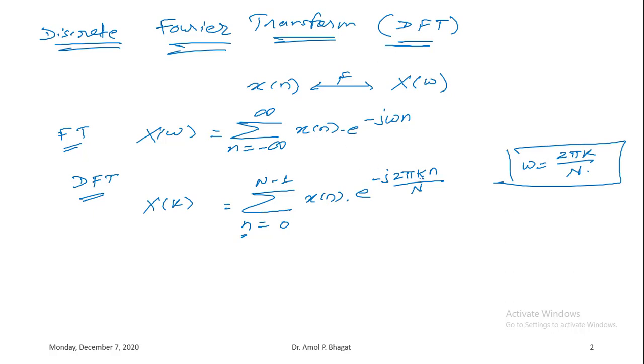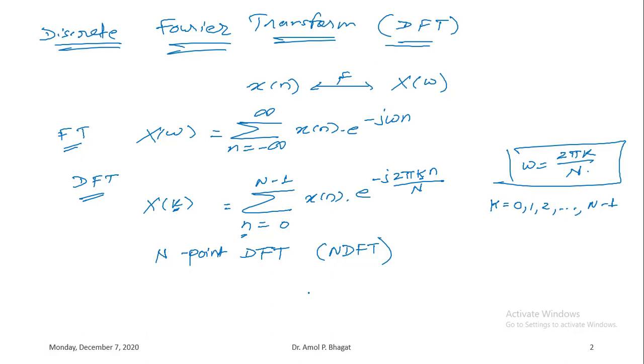Here k takes values 0, 1, 2 and so on up to capital N minus 1. As the limits are from 0 to capital N minus 1, only capital N values are taken, so this is referred to as the N point DFT.